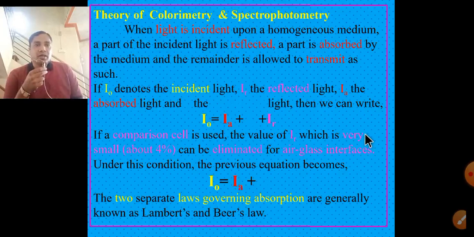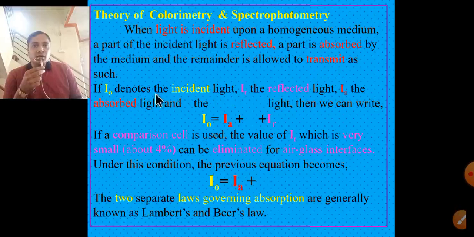Theory of colorimetry and spectrophotometry. When light is incident upon a homogeneous medium, a part of the incident light is reflected, a part is absorbed by the medium, and the remainder is transmitted as such. When light is passed through a substance, one part is reflected, one is absorbed, and one is transmitted.